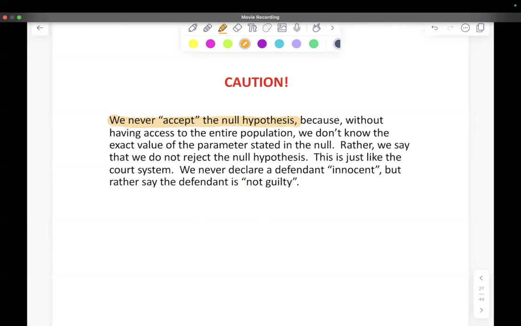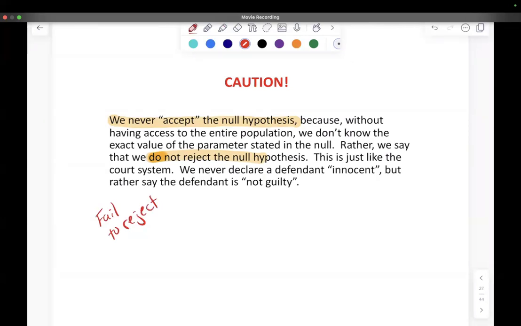So you still call it a theory. So with hypothesis testing, we only took a sample, so you can't say this is absolutely true. So we just say that we fail to reject the null hypothesis. We do not reject or we fail to reject. I say fail to reject, but you can say do not reject.